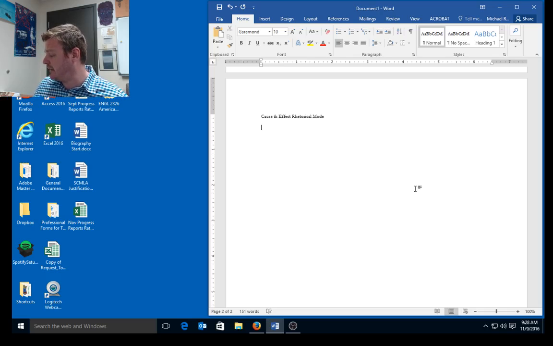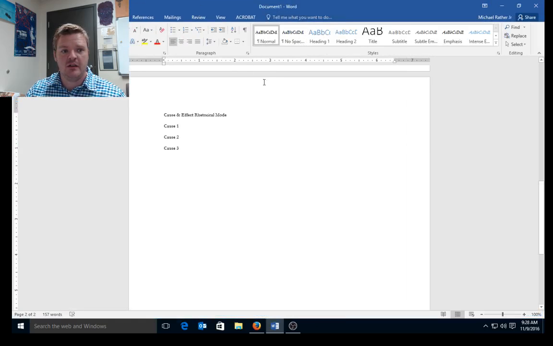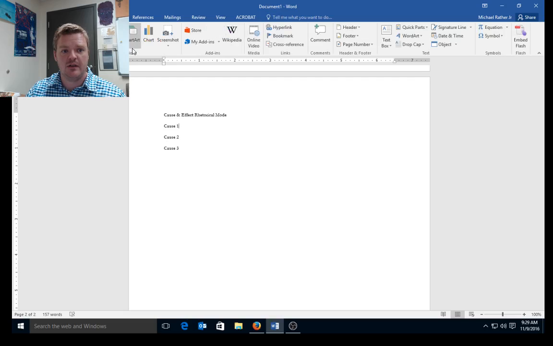So what that looks like then is you have cause 1, cause 2, cause 3. And then this is for the body of that paper. Each of these causes, I'm going to have to make this a little bigger to get the picture here. Draw the shapes. Insert shapes.